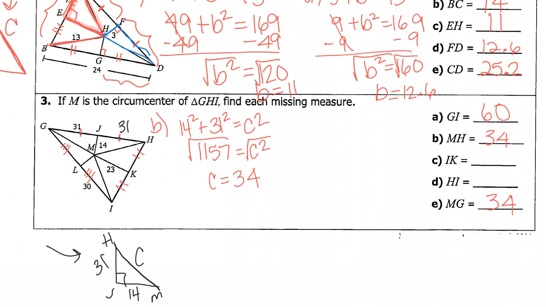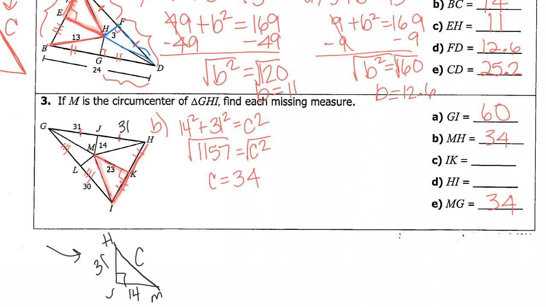All right, so for part C, I need to find IK. IK is this length here. Now I could look at KH, but it doesn't give it to me, so I have to use Pythagorean theorem again. So I'm going to go ahead and highlight the triangle that I'm going to use. So I can see that one of my legs is 23.